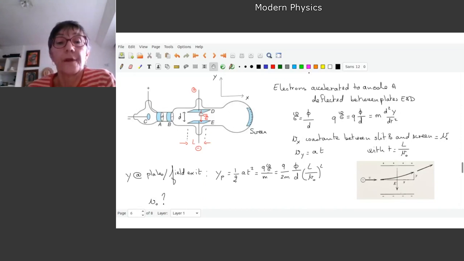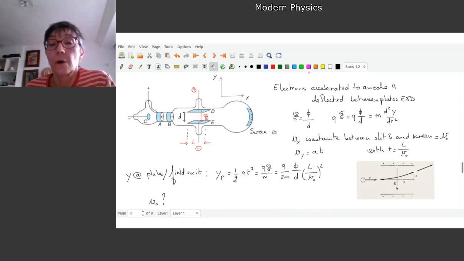And obviously everything happens here in the vertical direction, so I called it y, and the horizontal direction I called it x. So this is the second derivative of y, which is the vertical position of the electrons, relative to time.